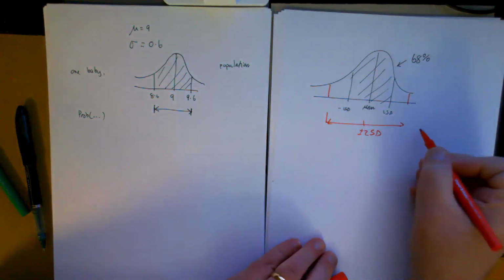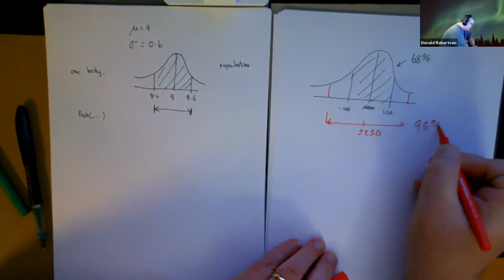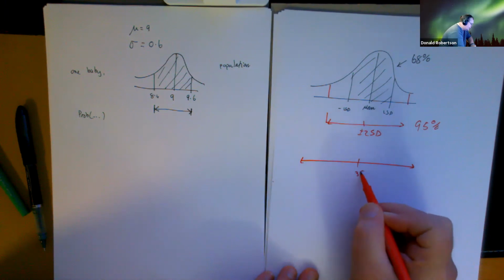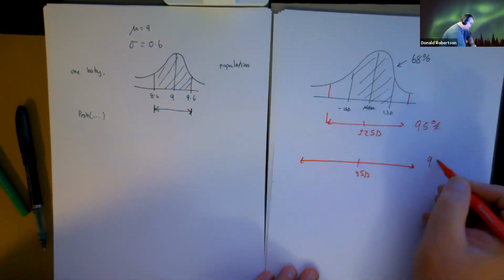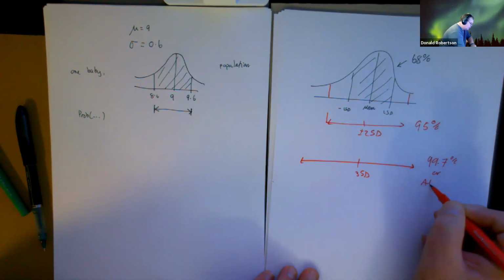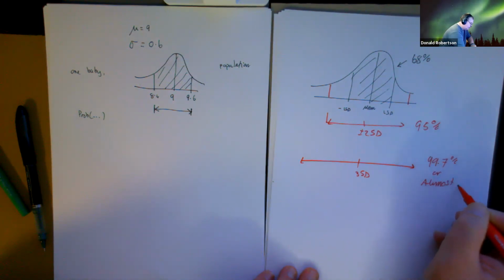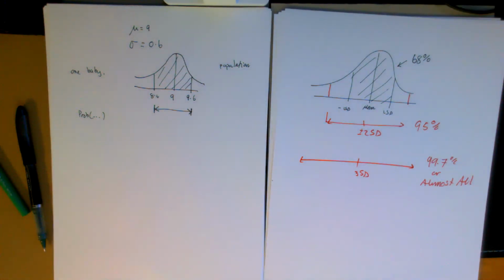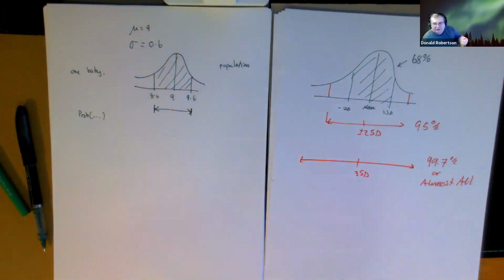Yes. And it depends on what textbook you use. But if you go 3 standard deviations, it's either 99.7% or they use the words almost all. You remember that guy? Right. 68, 95, almost all.